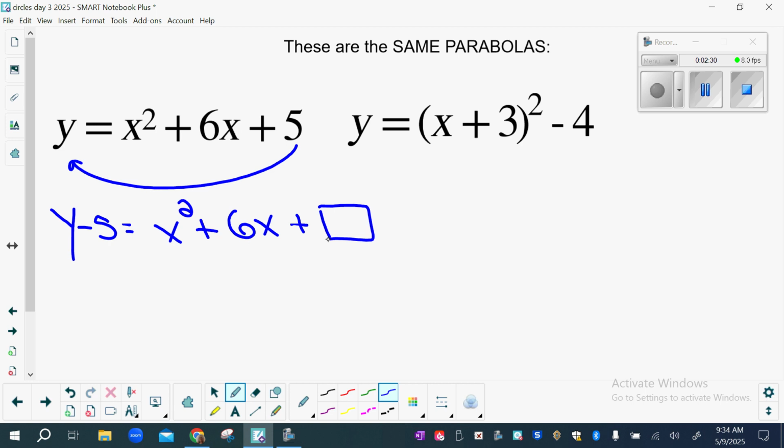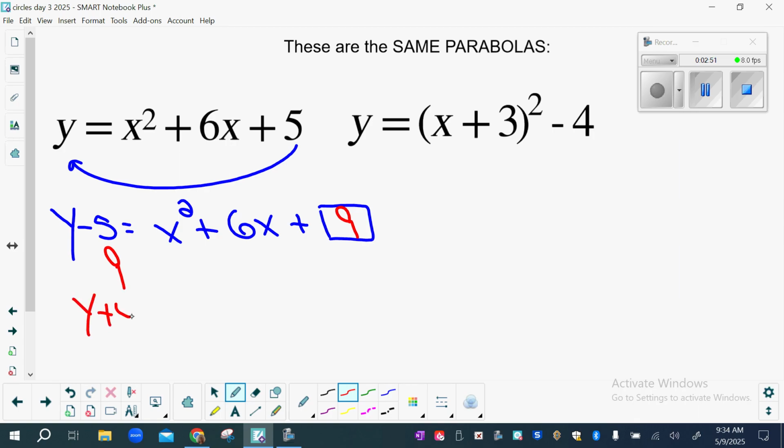So here's what we did. We cut the 6 in half. We got 3, and then we squared it, which is why I put a square there. And the thing to remember is what you add on one side, you need to add on the other. You need to put it in the waiting room, right? And then you were like, oh, this isn't bad.